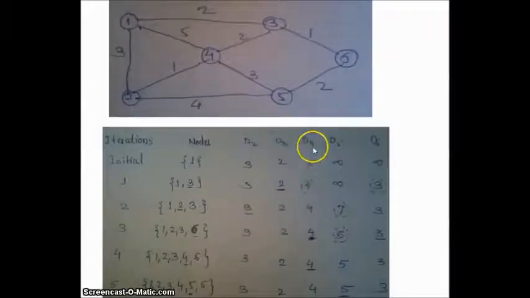Now for node number 4, if you go through 3 to node 4, the total count will be 4. The initial count was 5, the new count is 4. So this will be the least distance for node 4 from node number 1. So the previous entry has been revised and circled over here.